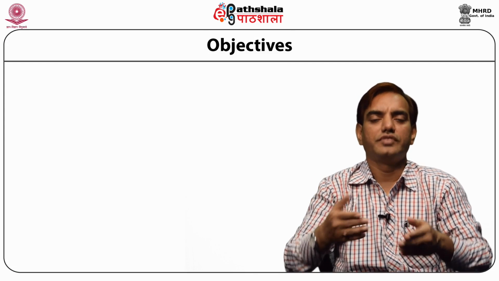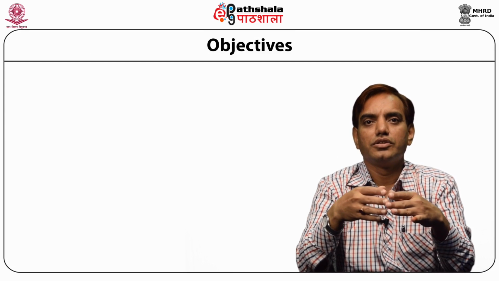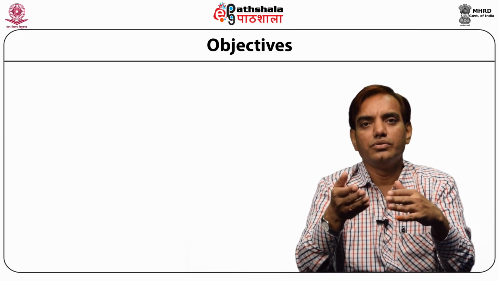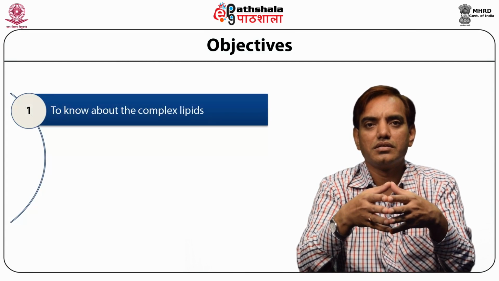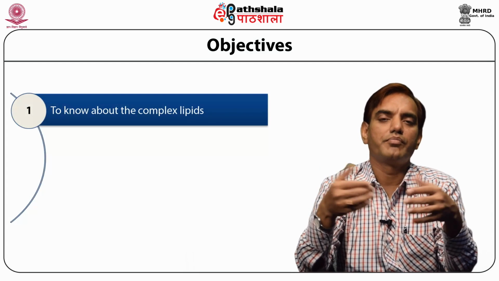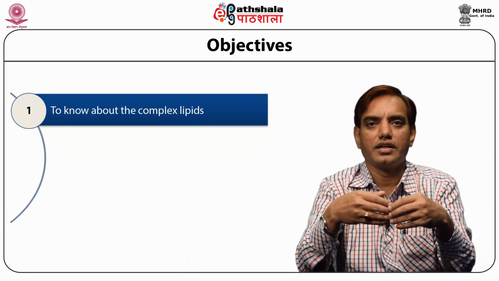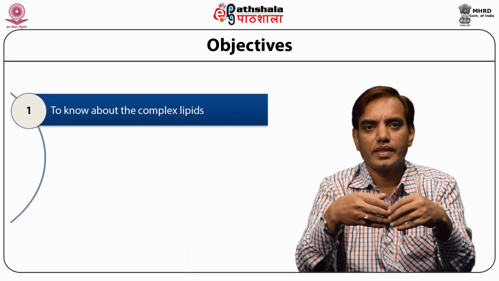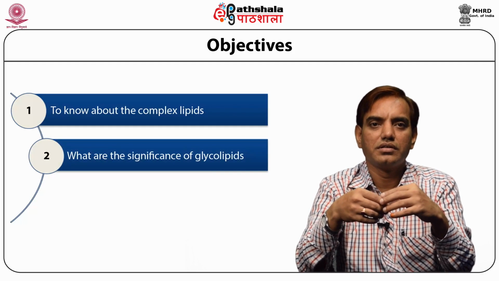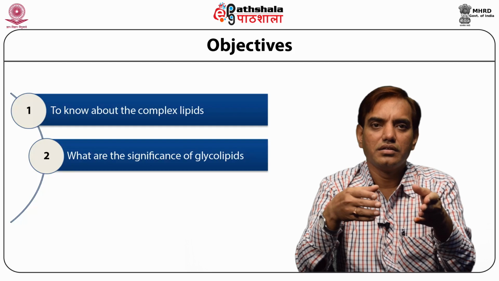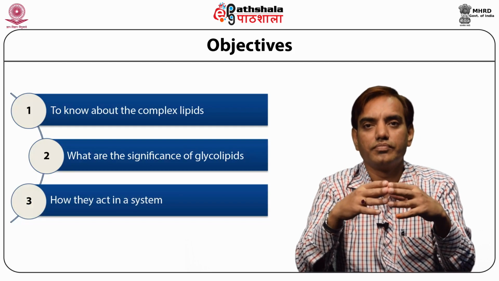The objectives of the schedule are to continue to know about the complexity of the lipids, the types of complex lipids present in living organisms, what the significance of the glycolipids is, and how they act in a system.